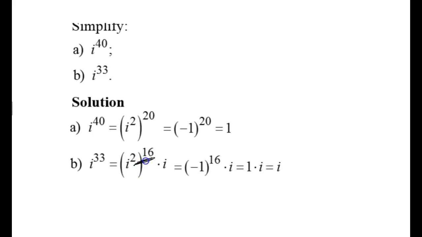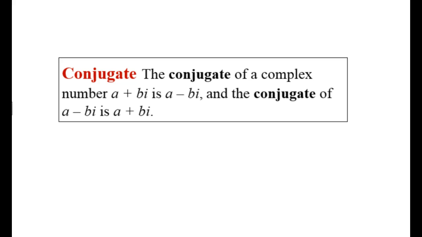There it is. There's that i to the 32 times i. They wrote it out just a little bit differently, but the concept's the same. I'm just looking for a multiple of 4. And 32, 16 times 2, power raised to a power, is a multiple of 4, so that's just a 1 times i, and the answer is just i.